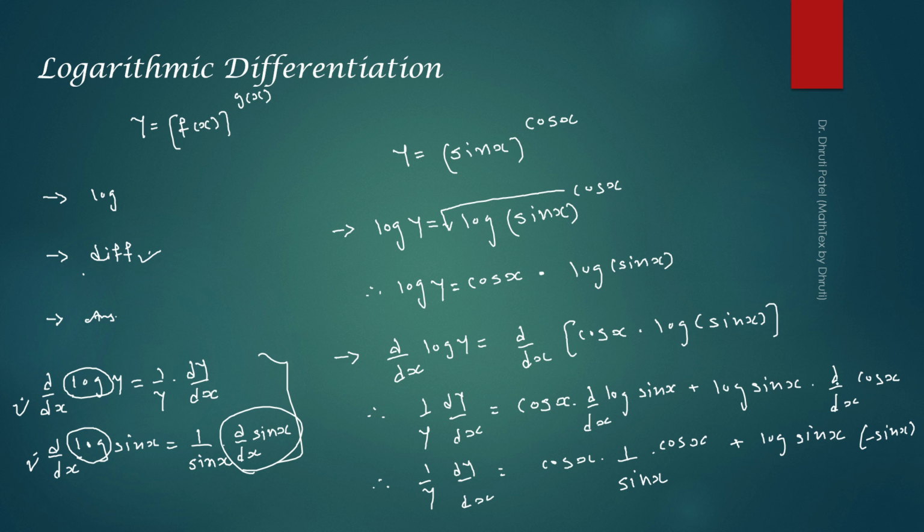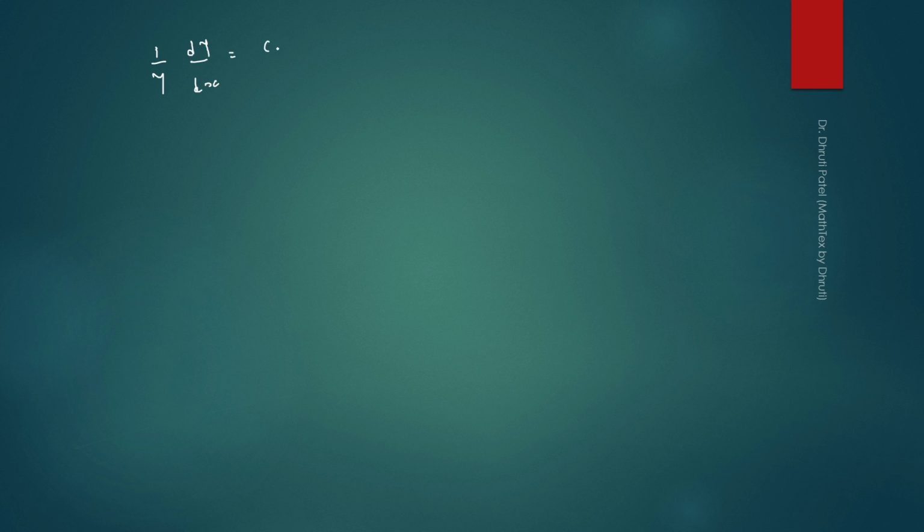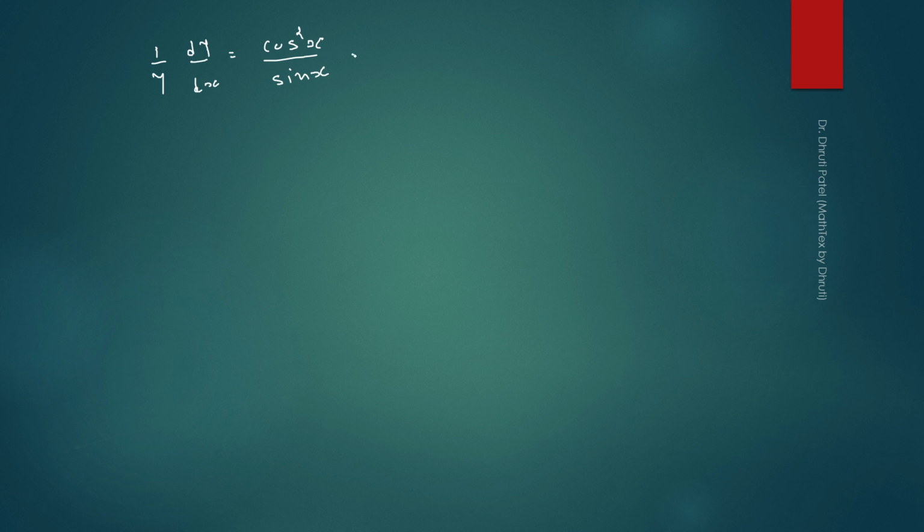So, in the next slide, I am going to write 1 upon y dy by dx is equal to cos square x divided by sin x, then this minus into plus is minus, minus sin x into log sin x. This is the end of step 2.